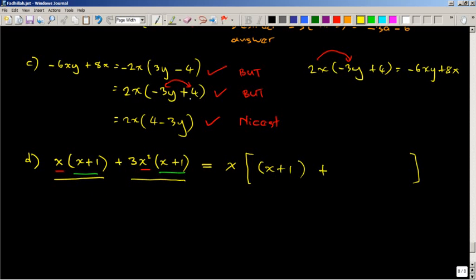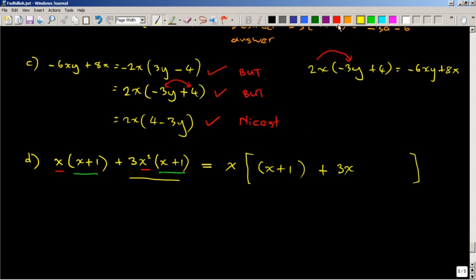Okay. Let me delete that first. Okay, now we handle second part. We have already handled the first part, X plus 1. We handle second part, 3X squared and X plus 1. Okay, if we take away X from 3X squared, we are left with 3X only.